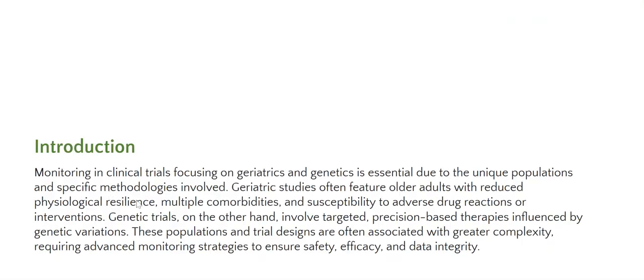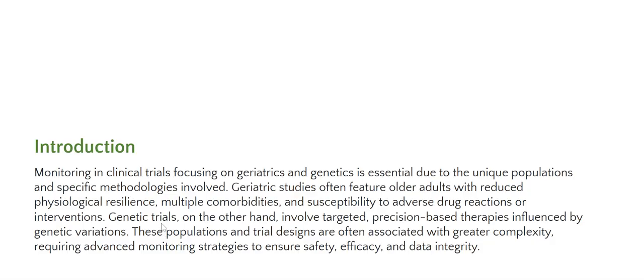Monitoring in clinical trials focusing on geriatrics and genetics is essential due to the unique populations and specific methodologies involved. Geriatric studies often feature older adults, elderly, with reduced physiological resilience, multiple comorbidities, and susceptibility to adverse drug reactions or interventions.